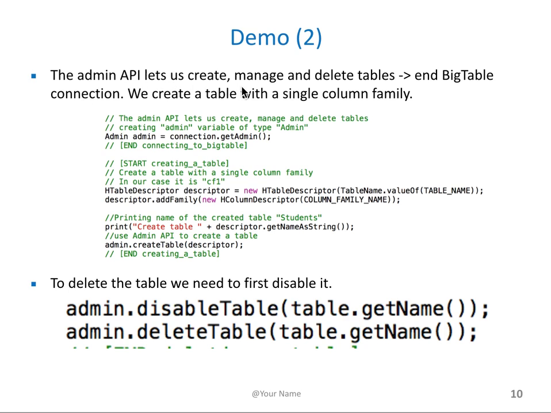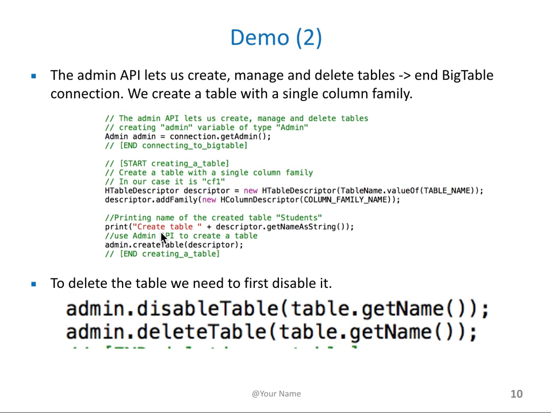It lets us create, manage, or delete tables. At this point our connection to BigTable is established because we already have the admin permissions and rights. We can create a table with a single column family name inside of it, CF1.